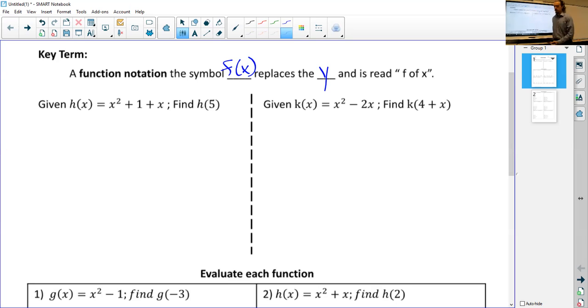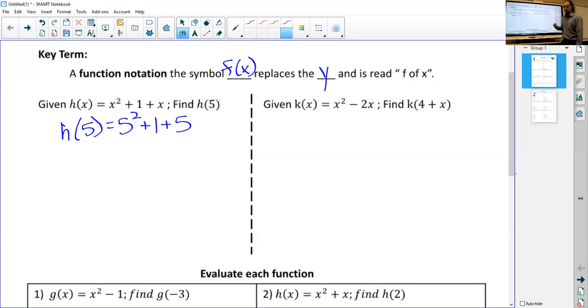So how this works is anytime we see it's h of 5, we're going to replace any x in our function with the number 5. So we would rewrite this as h of 5 equals 5 squared plus 1 plus 5. Okay?